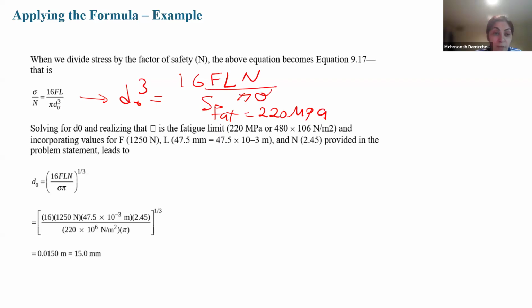L is the distance that the problem gave, 47.5 millimeters, converted to meters. N is the safety factor, sigma is the S_fat, or fatigue limit, from the curve for cast iron, and pi. We reach this value in meters, or 15 millimeters. It should be the minimum diameter that we need that can tolerate this dynamic loading condition.